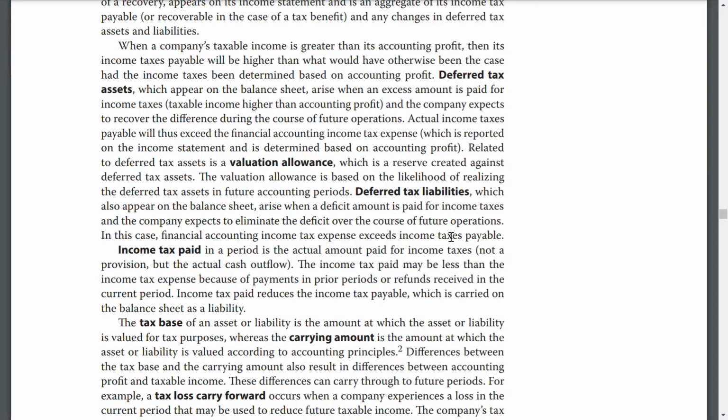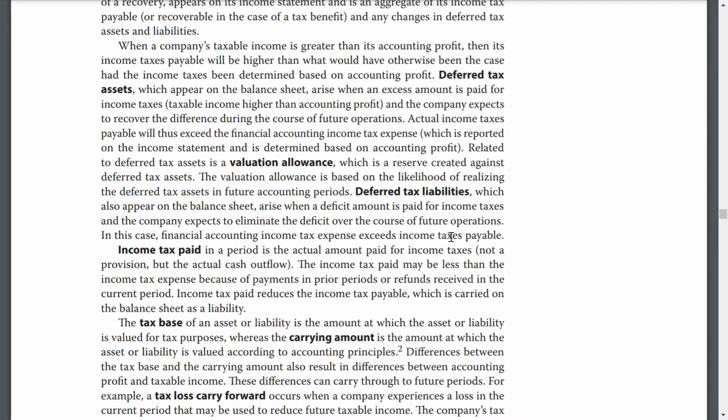Income tax paid in a period is the actual amount paid for income tax. The income tax paid may be less than the income tax expense because the payment is in prior periods or refunds received in the current period. Income tax paid reduces the income tax payable, which is carried on a balance sheet as a liability.